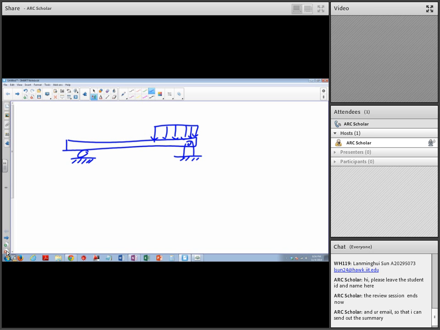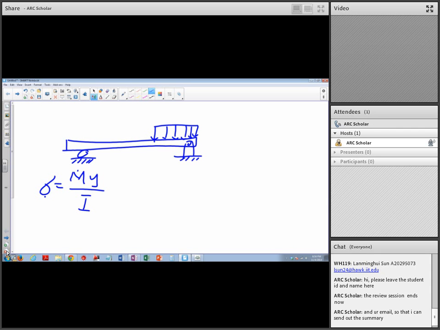Because bending stress, remember this, bending stress is My over I, where y and I depend on the cross section. So to find the largest bending stress, we have to find the largest bending moment.